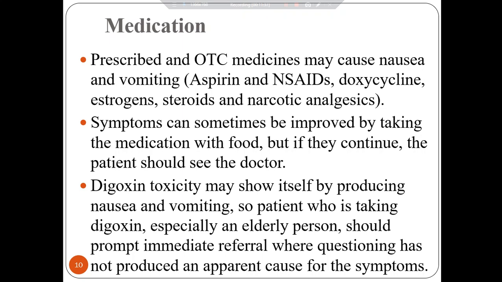If the patient is already taking digoxin and is now developing nausea and vomiting, you should immediately refer this patient, because nausea and vomiting is a sign that can occur from digoxin toxicity. And as you know, digoxin is one of the drugs with a low therapeutic index, so its toxicity is very common.